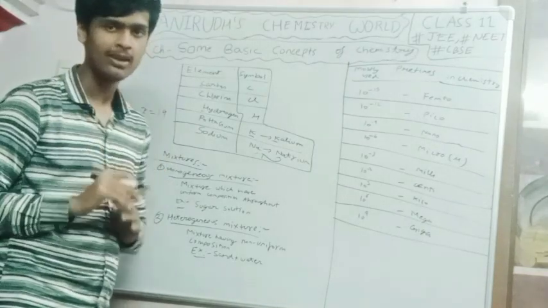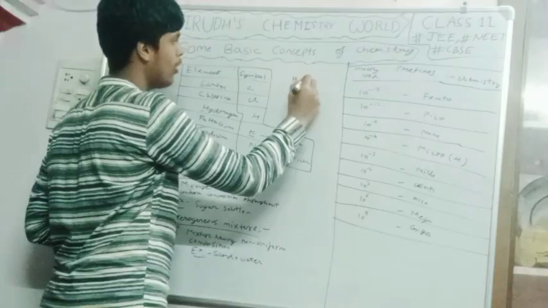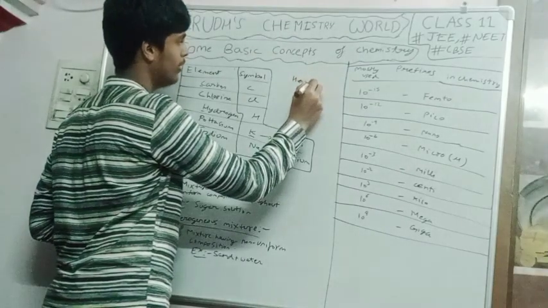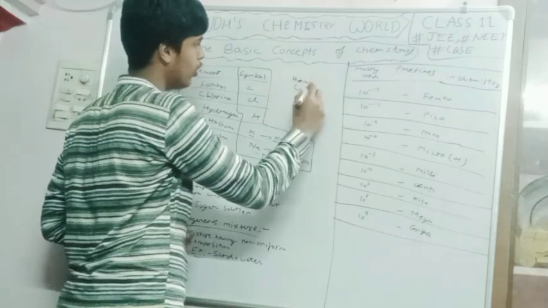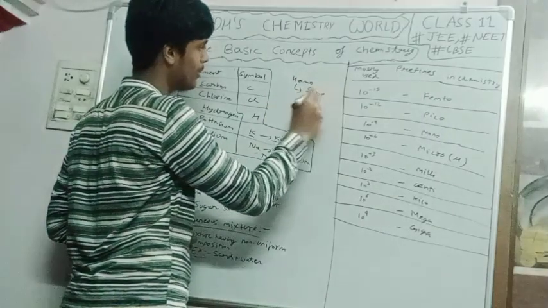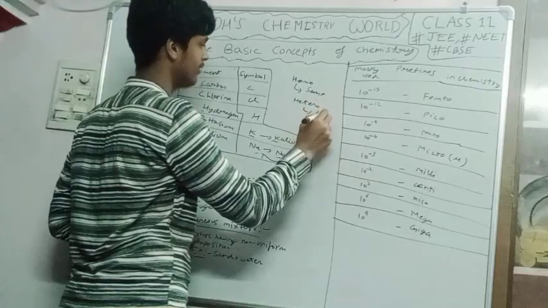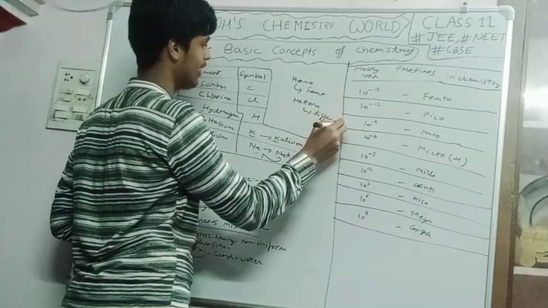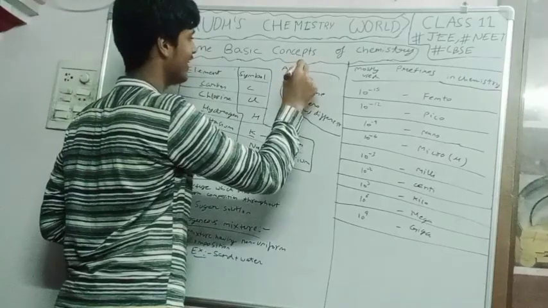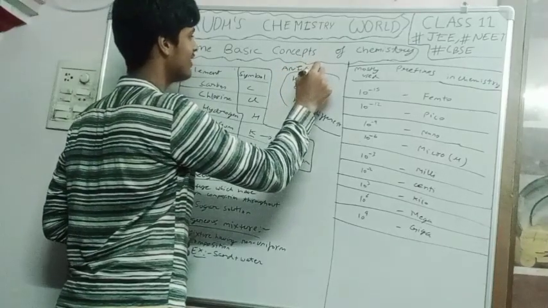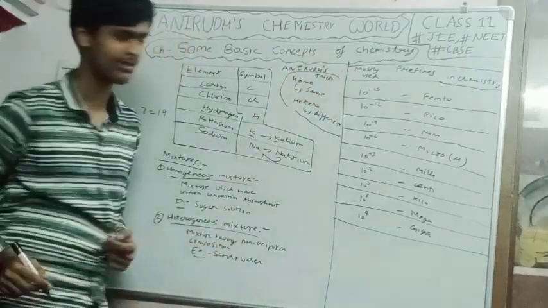Anywhere we go in chemistry, one logic is that homo means same, whatever the subject. You remember it like that. Hetero means different. Just remember like that. It's a personal trick, Anirudh's trick.